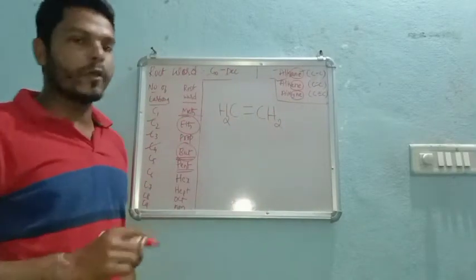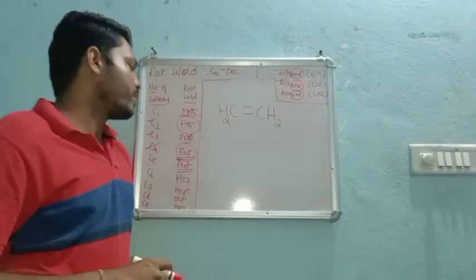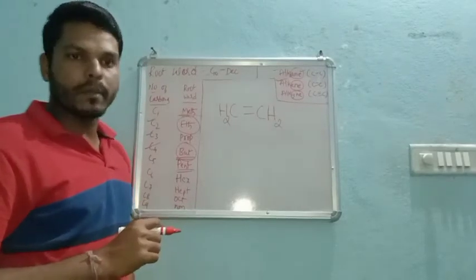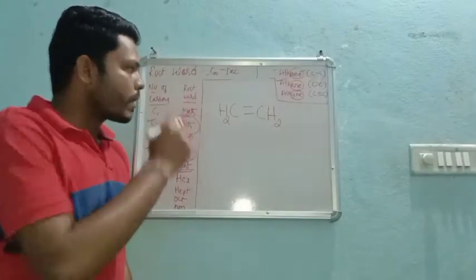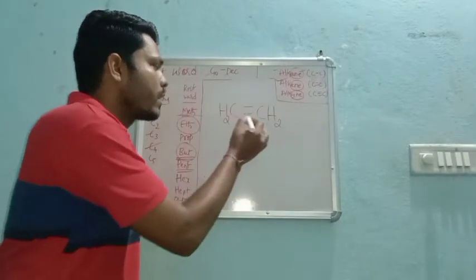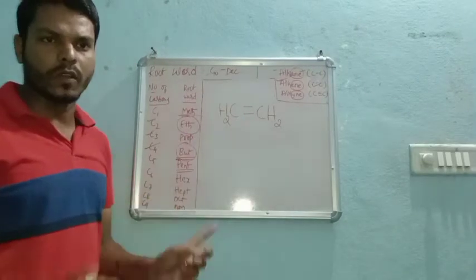So now the compound is ready to name. Check again the same point. What do we have to do? First, we have to check the number of carbon atoms. How many carbon atoms are present? 2, right? 1 and 2. First, you don't go for unsaturation and all.